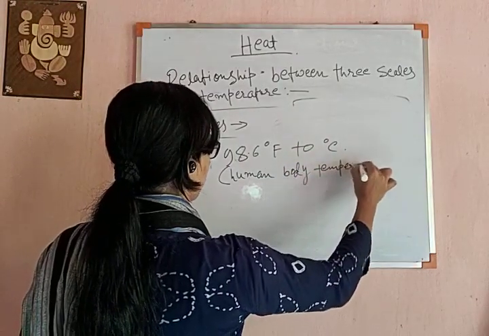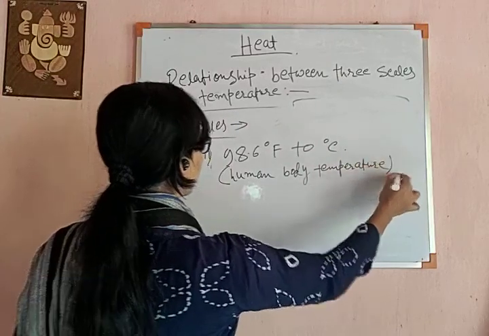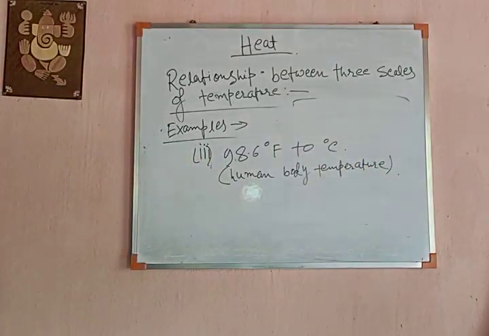The thermometer that we use for measuring our body temperature or fever is in Fahrenheit units. So the normal body temperature is 98.6 degree Fahrenheit on the Fahrenheit scale, and whenever it is 99, 100, 101 that we measure during a fever, that is in Fahrenheit units, and that represents high fever.